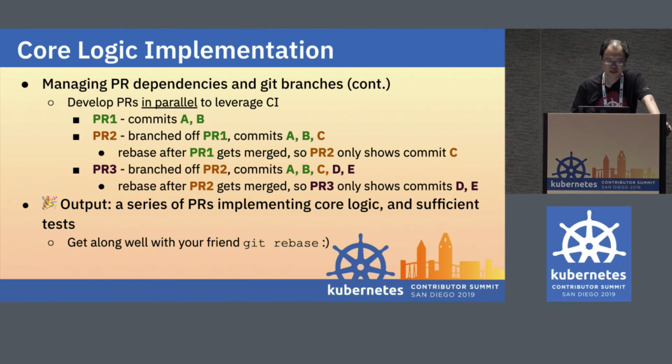But the con is that you have to do a lot of git rebase. So don't be frustrated by the huge amount of git rebase. Until now, I can't find a better solution, because if you want to leverage the CI and keep a fast development pace, maybe this is the only way you can do it.